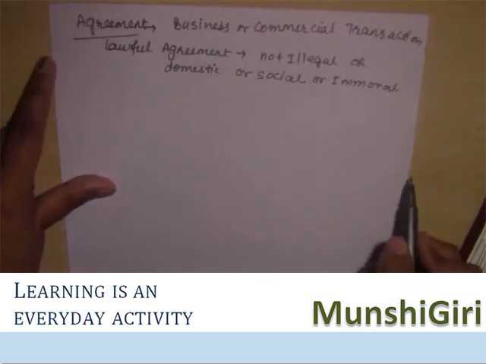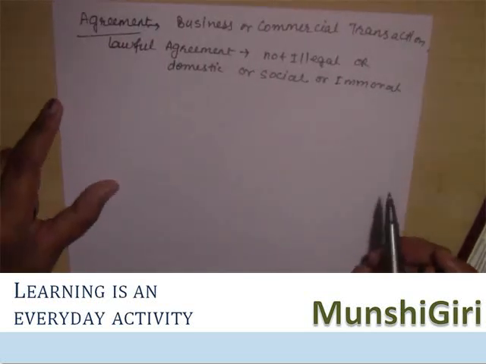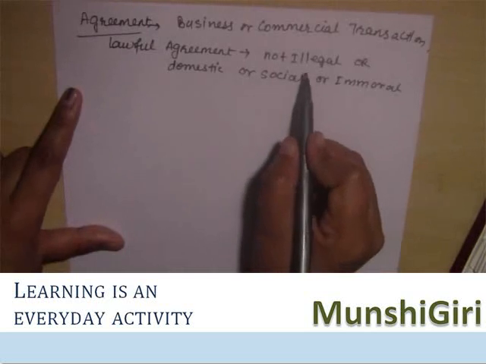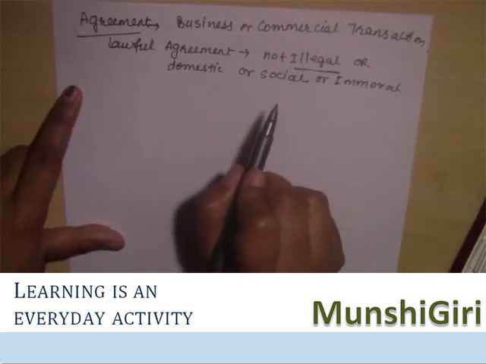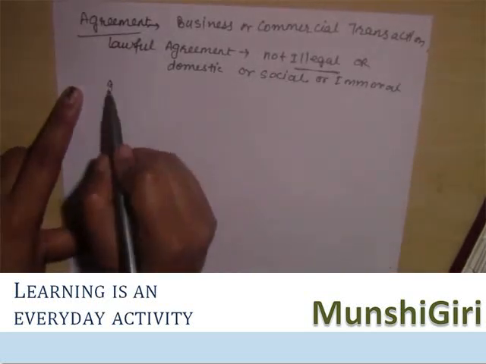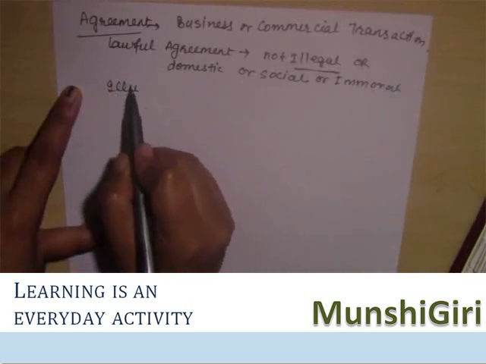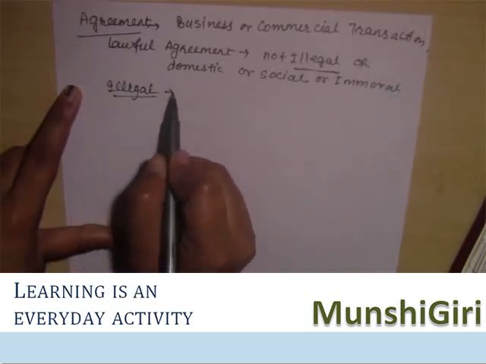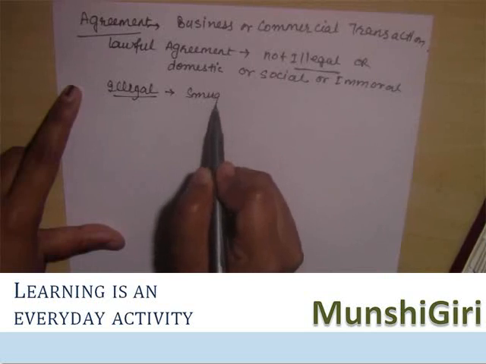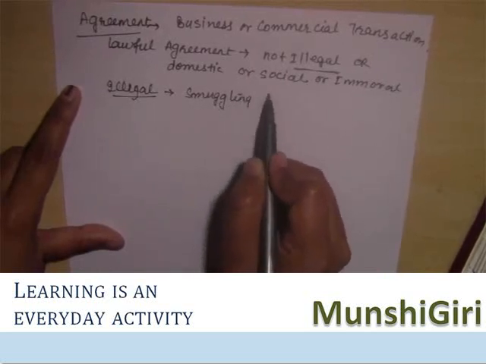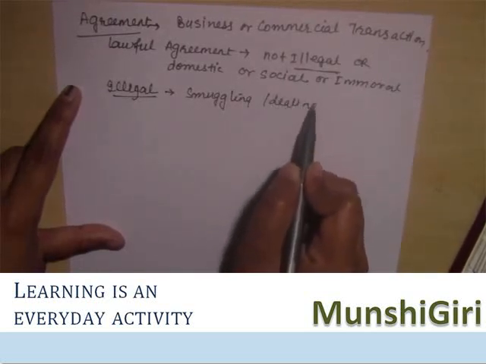You must be already aware of these terms, but still let me go through these. Illegal means agreements which are not enforceable in the courts of law, for example, smuggling or dealing in drugs.